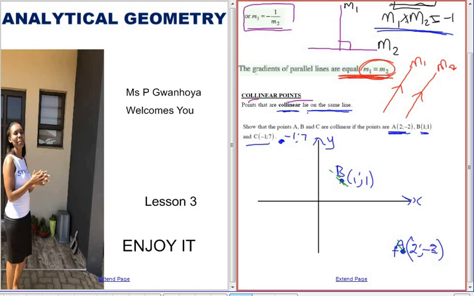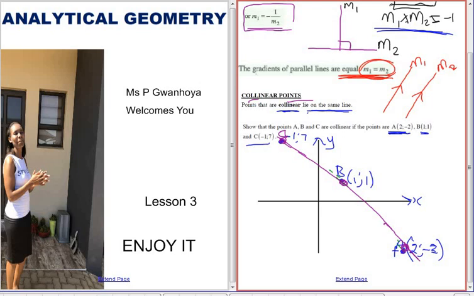Okay, let's try to put a line that passes through all 3 points. Using a freehand here, that's the best we could do with a straight line. So we are saying these are collinear. To be collinear is to lie on the same straight line.